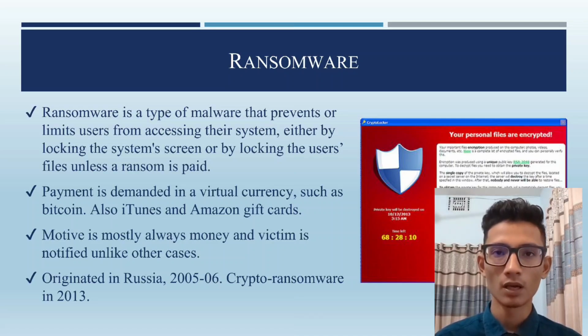Attackers usually demand payment in cryptocurrencies like Bitcoin, but sometimes also through gift cards. This type of malware has been around since the mid 2000s, with a more advanced form called crypto ransomware emerging in 2013. That concludes my overview of Trojans, rootkits, and ransomware.